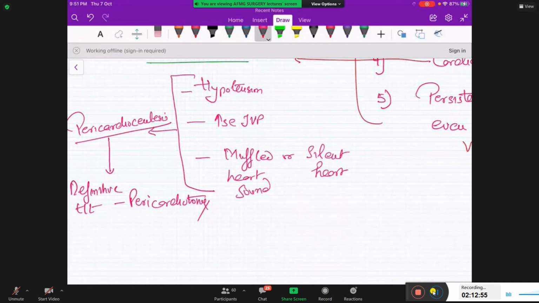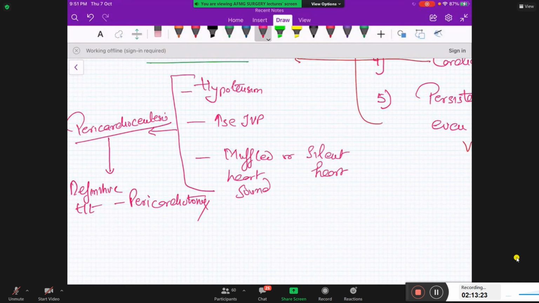This muffled heart sound is such a delicate thing. Leave alone for trauma scenario. In any scenario, listening to muffled heart sound is a very difficult proposition. In trauma, where there is so much commotion going on around, this muffled heart sound or silent heart is very difficult to appreciate.